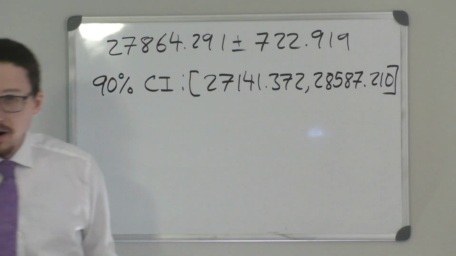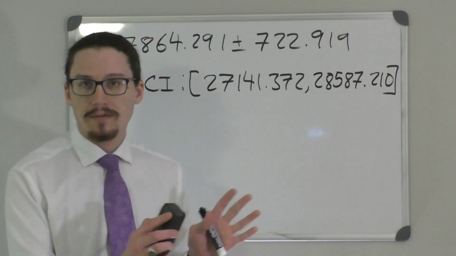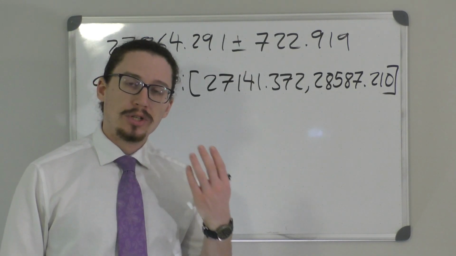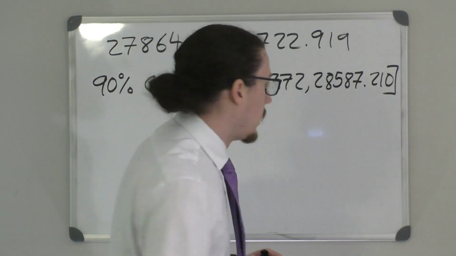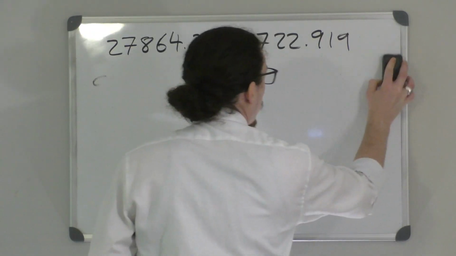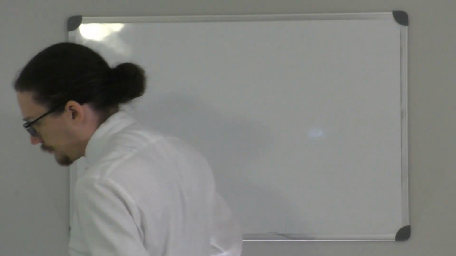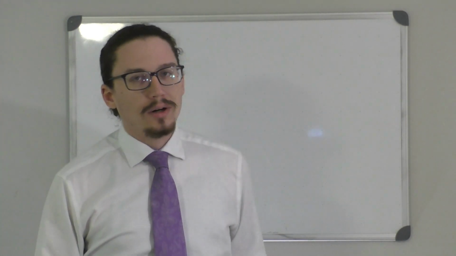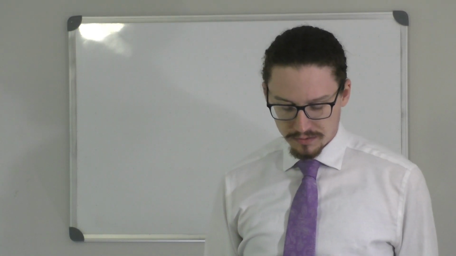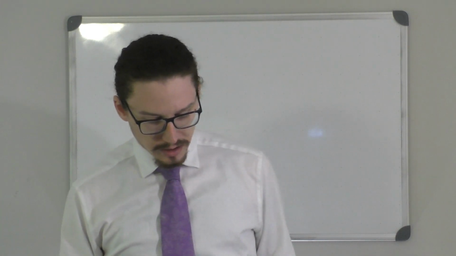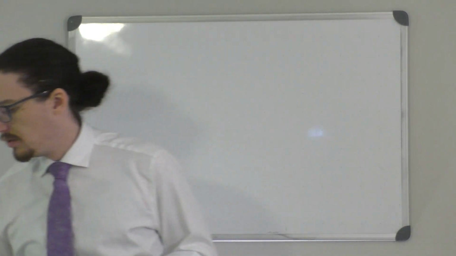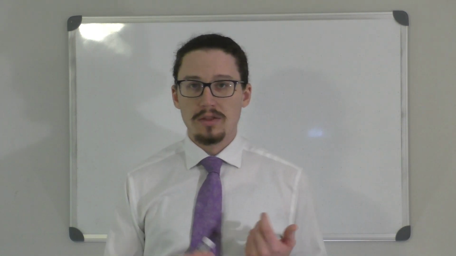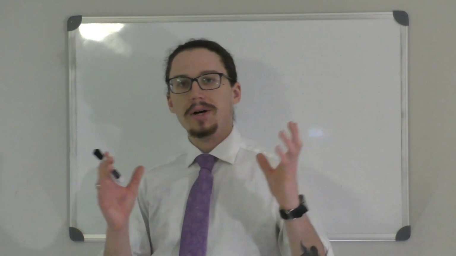All right, so that is all for our actual example. Now we're going to look at precision and sample size. With our confidence intervals, the more narrow the confidence interval is, the better the estimator that we are using.